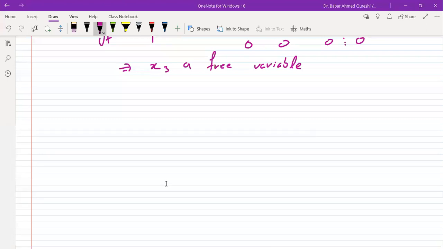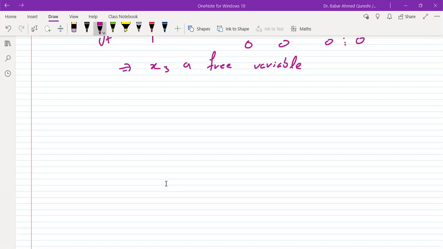Let me write some, not the actual solving, but just for conceptual understanding.